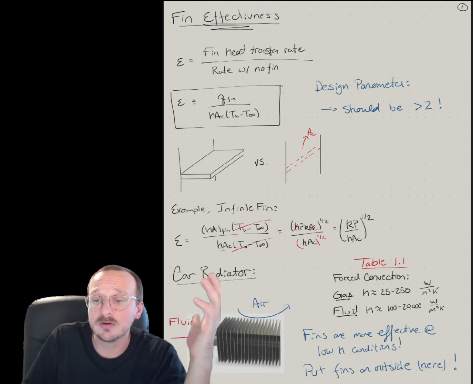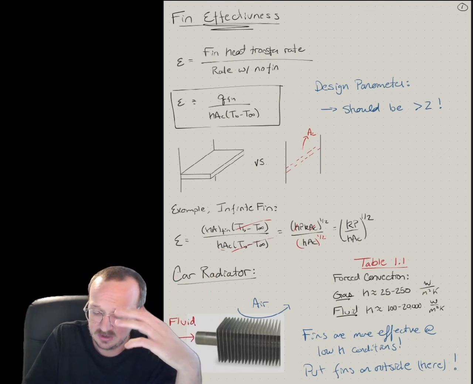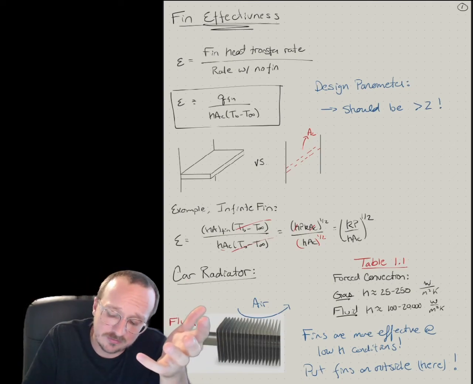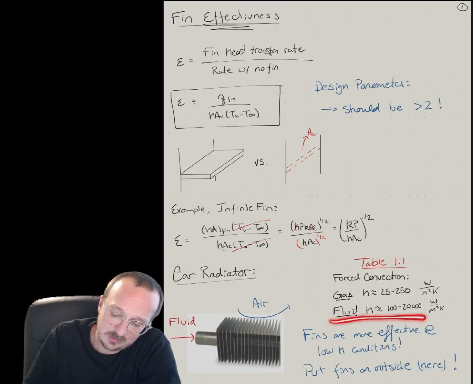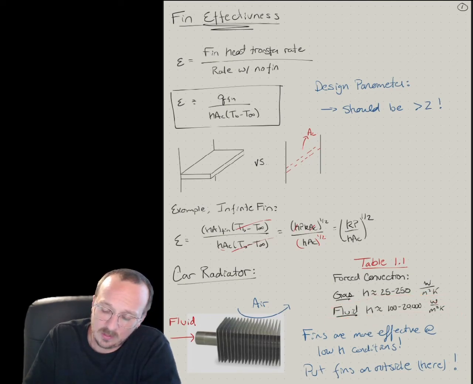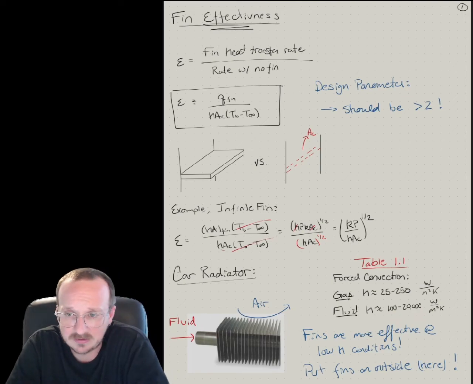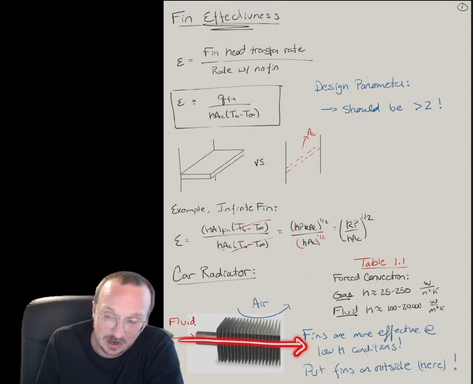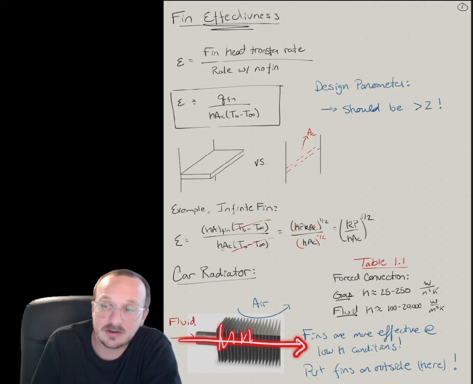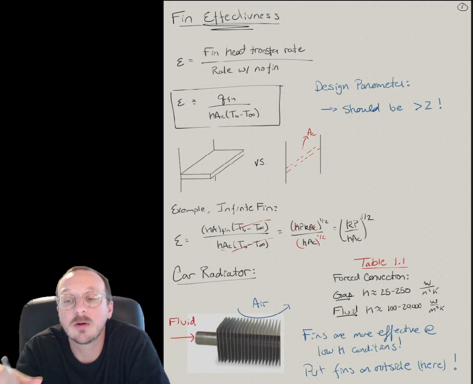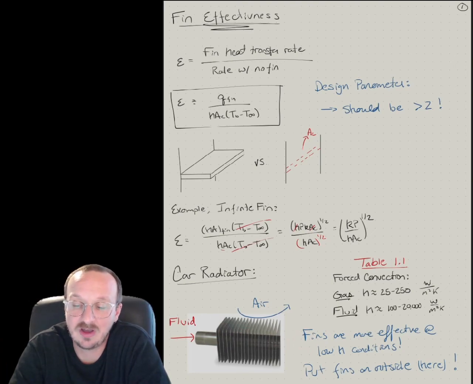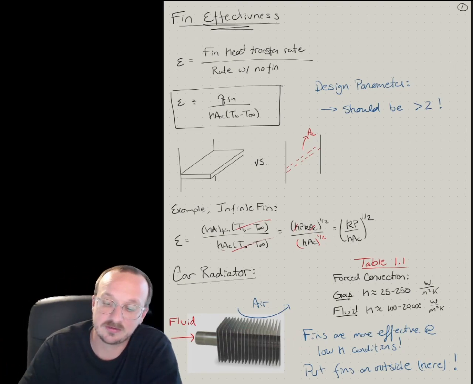For liquids, which have a higher heat capacity, they can really pull heat out faster, and they're moving at different velocities too. Boundary layers are different, so you get a much higher convective heat transfer coefficient. That means h on the inside of this pipe is going to be much larger than h on the outside. So if you have a design choice, you want to put the fins on the spot with a lower h to help heat transfer in this composite system.